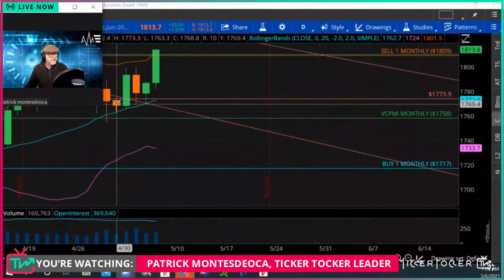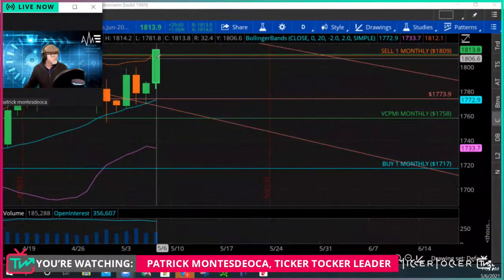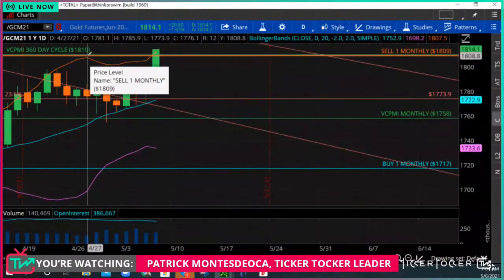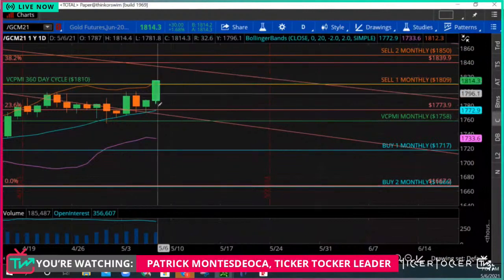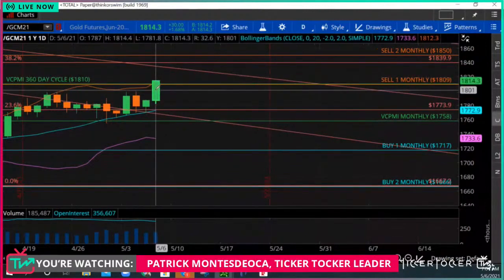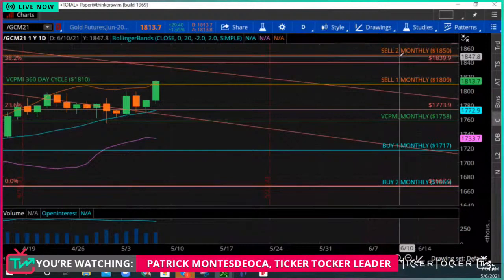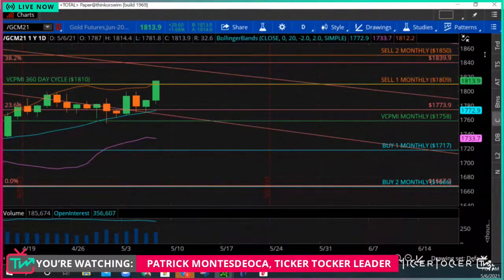When it was activated here, it automatically activated the target above here on the monthly of 1809 that we're looking at, which coincides with the 360-day average price. So the market is telling us, by penetrating through this, that it could potentially want to go higher to meet the next target, which is 1850. And this is the monthly target.